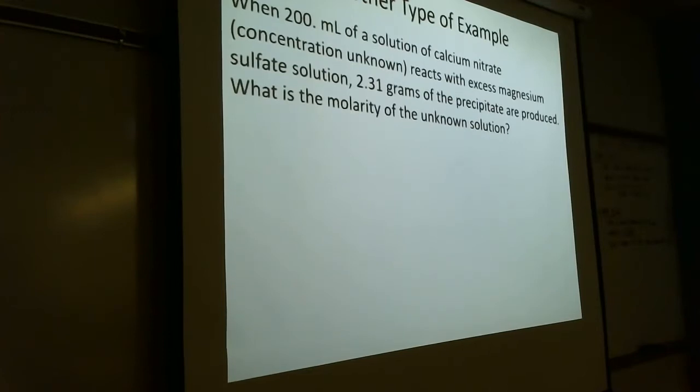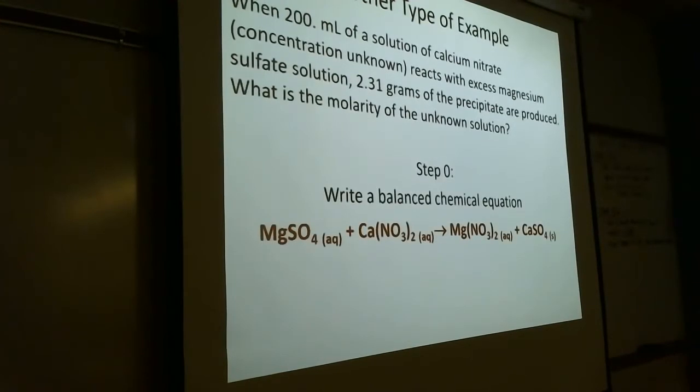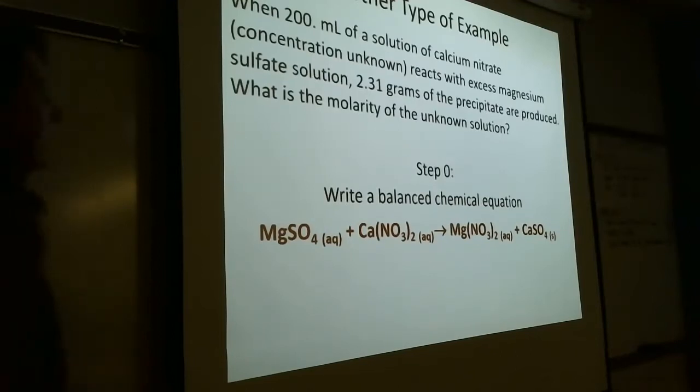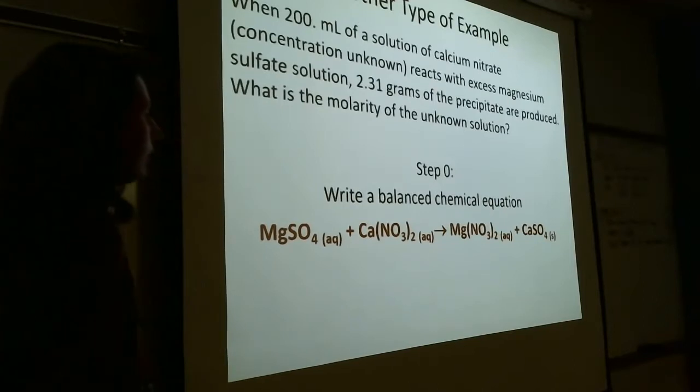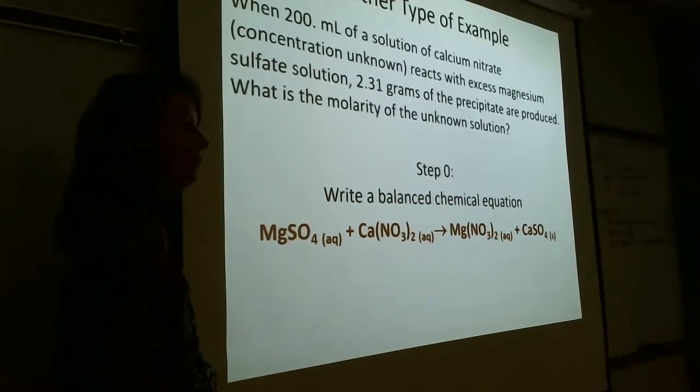So let's do this one together. First thing you need is a balanced equation. You need to identify which substance is the precipitate, because I didn't tell you which substance is the precipitate. I just told you that there is a precipitate and its mass is 2.31 grams. But I didn't tell you its identity, right? So this is double displacement because you've got two solutions. And we're producing magnesium nitrate and calcium sulfate.